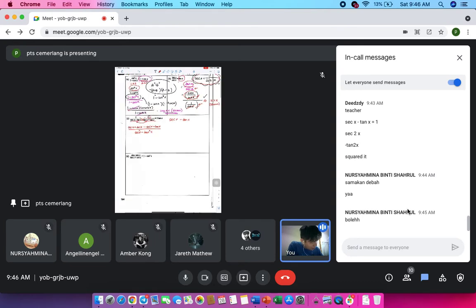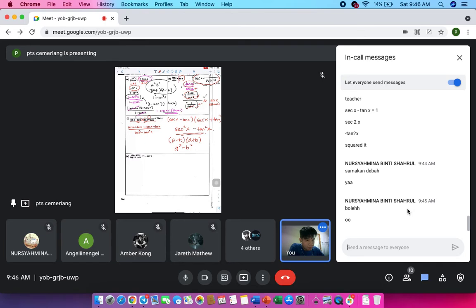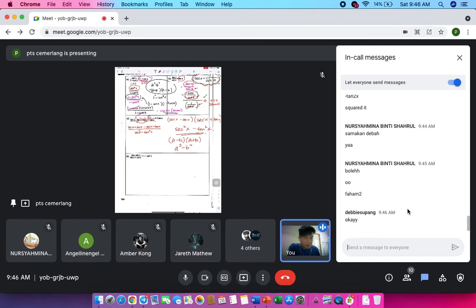Lepas tu kalau darab dengan secant x plus tangent x, ini kan dia akan jadi secant square x minus tangent square x. Dia seolah macam a minus b times a plus b tadi kan? So dia akan jadi a square minus b square. Is that okay, anak? Okay ah? Alright, now bawah tu dah jadi secant square x minus tangent square x kan?